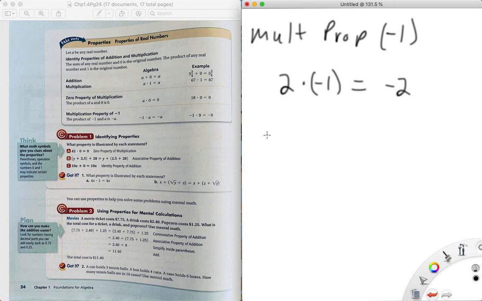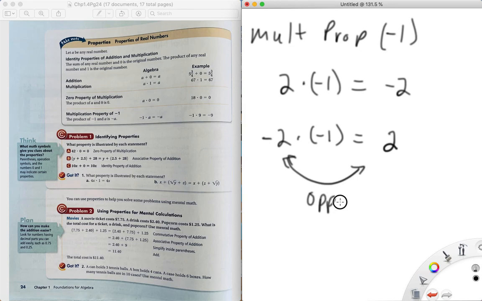This also works with negative numbers. If I multiply -2 times -1, I'm going to get 2. 2 and -2 are opposites, they're inverses. So it works. So any number times negative 1 will always produce its opposite or its inverse.